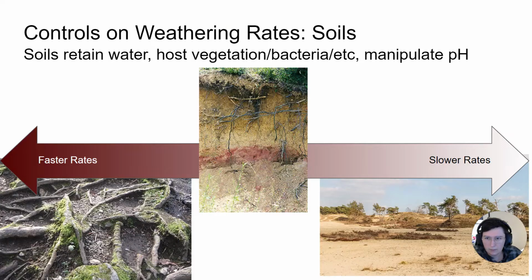Let's see. The next control is soils. Soils play a really important role because they both retain water and host vegetation, but they also create small micro environments next to the things being weathered. That can have really important effects on pH, on gradients, on all sorts of things.